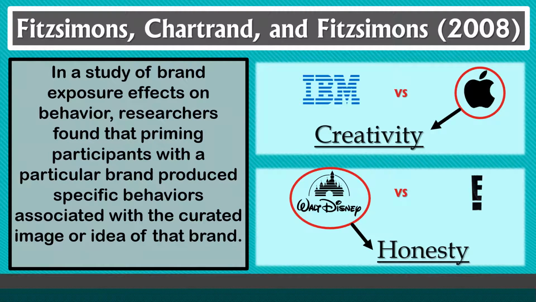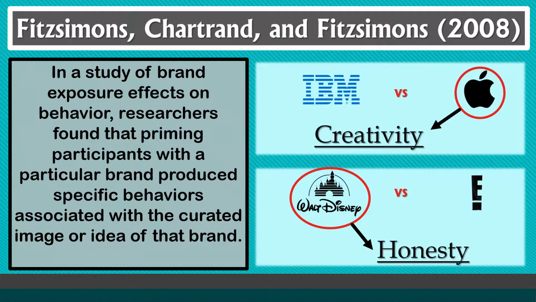Marketing priming and subsequent biased decision-making is not, of course, limited to food alone. In a 2008 study of brand exposure effects on behavior, Fitzsimmons, Chartrand, and Fitzsimmons demonstrated that priming participants with a particular brand produced specific behaviors associated with the curated image or idea of that brand. For example, subjects primed with stimuli specific to Apple demonstrated higher levels of creativity in subsequent tests than subjects exposed to IBM stimuli as well as controls.